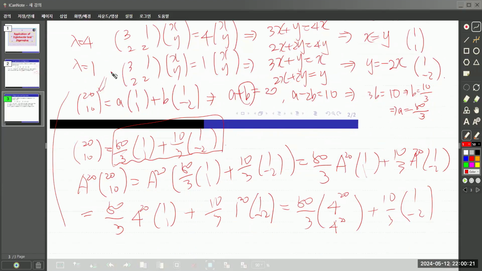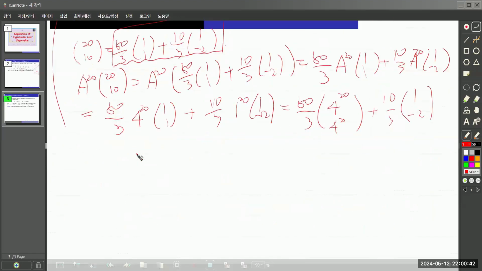It takes time, right? If the boss wants to check with many initial vectors, it may take a long time. So in that case, you probably want to express the matrix A as U D lambda U inverse.